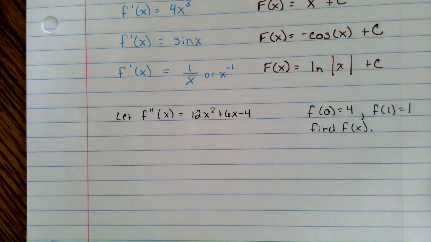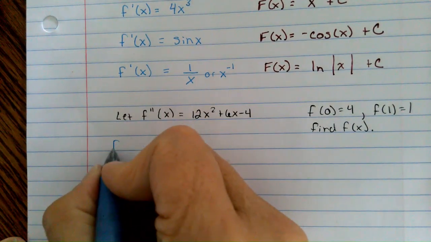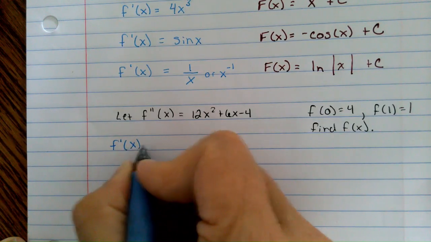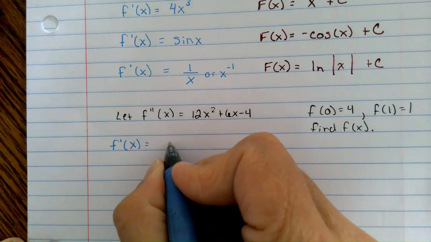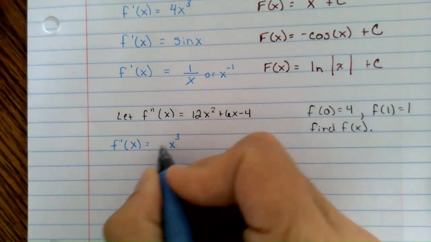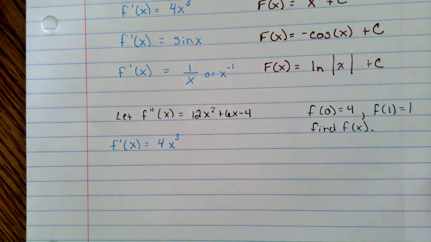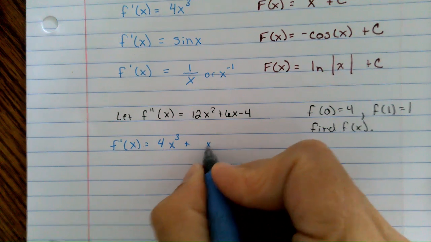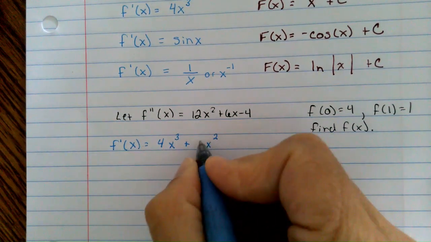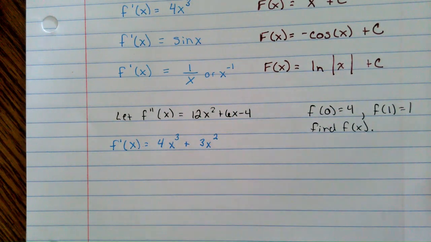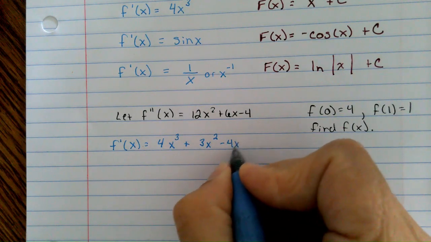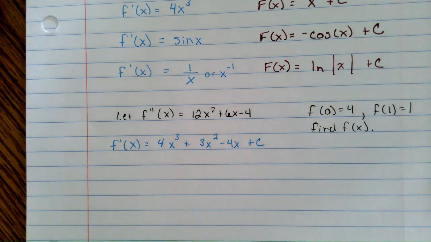Well, we first have to get the first derivative, right? So if this was 12x squared, it would be x cubed, and 3 times 4 is 12. If this is 6x, it would have had to been x squared, and 2 times 3 is 6. This would have been 4x, and this would have been some constant.